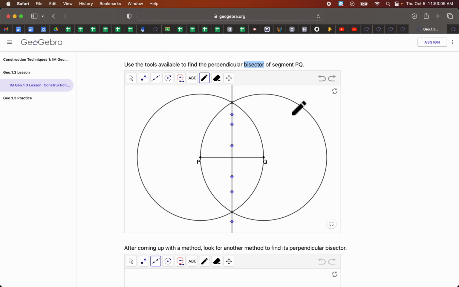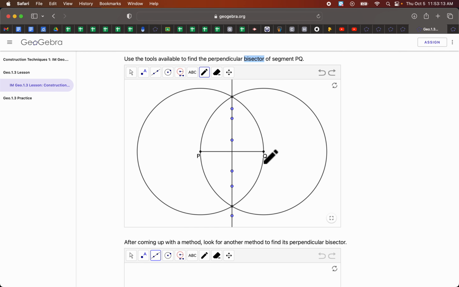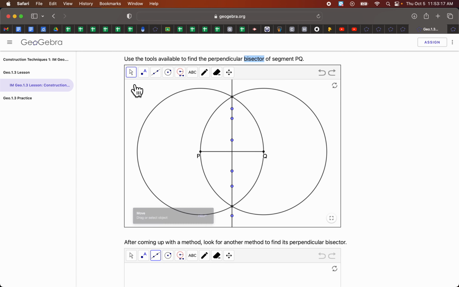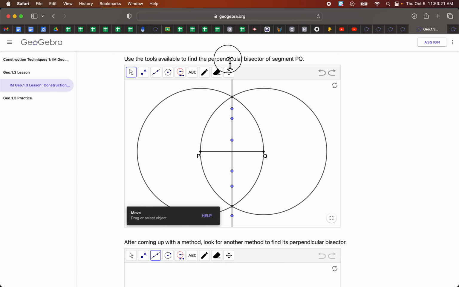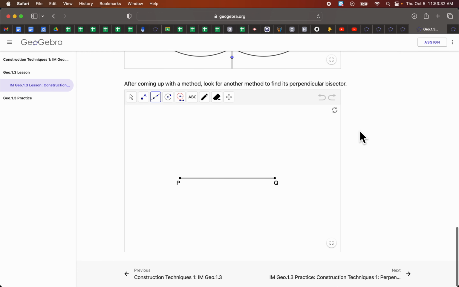Bisect means that you cut something perfectly in half. Well, what does this line cut perfectly in half? Well, it cuts segment PQ perfectly in half. And it does so by cutting it at a perpendicular angle, because this is a right angle. All these are right angles all the way around.